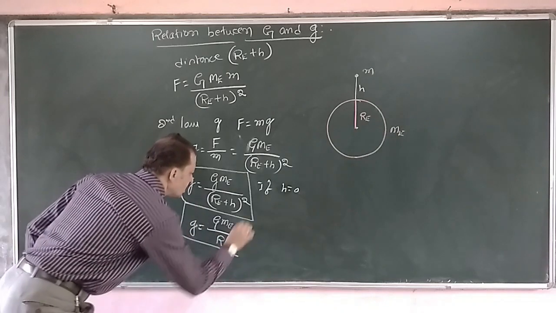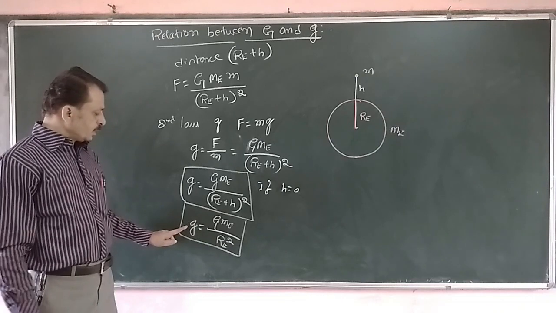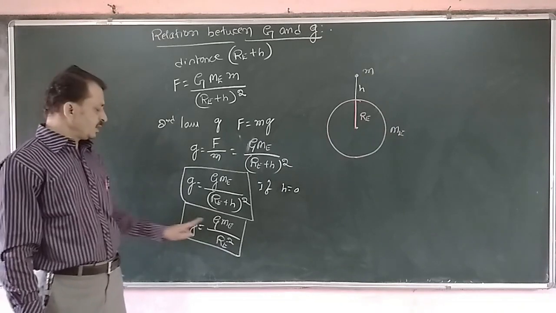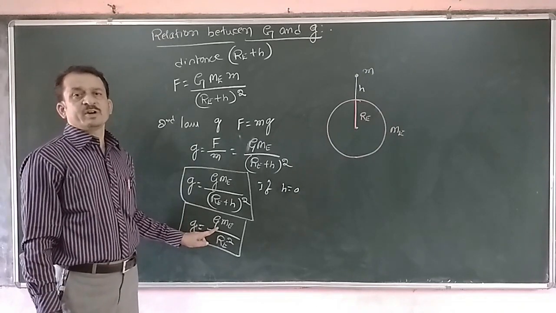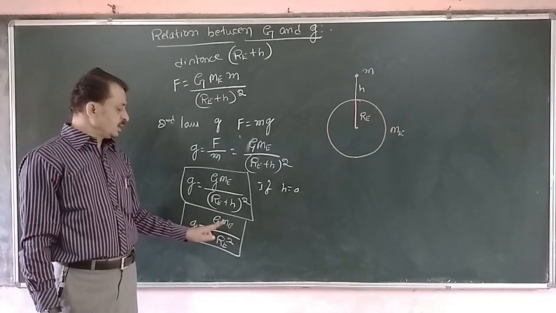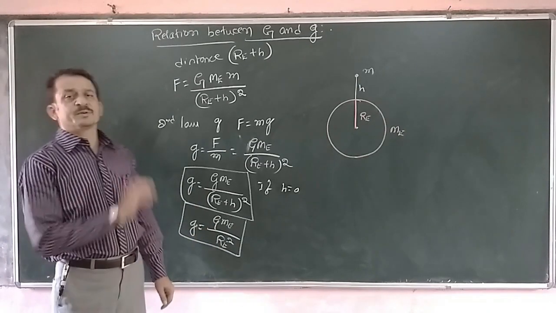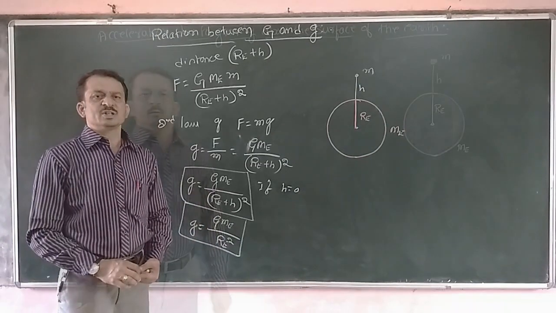One more important relation. Now this is the final relation between acceleration due to gravity and the universal gravitational constant. Small g is equal to capital G ME divided by RE square. So that is the relation between the capital G and the small g.